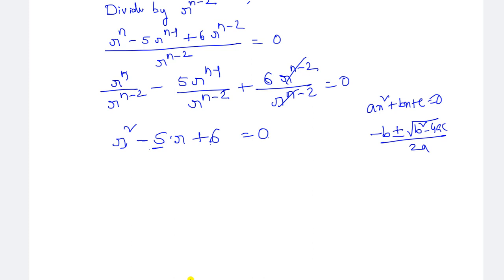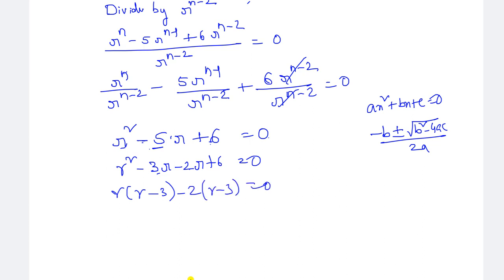So here can we write r square minus 3r minus 2r plus 6 equal to 0, right? Because minus 3r minus 2r is minus 5r, and 3 twos are 6. Here can we take r common: r(r minus 3) minus 2(r minus 3) equal to 0.